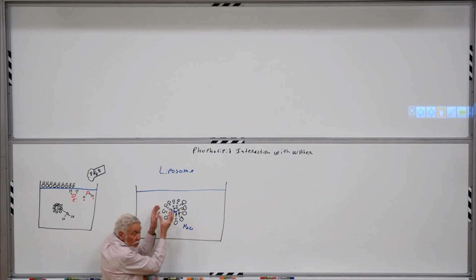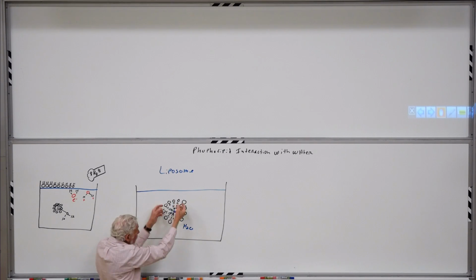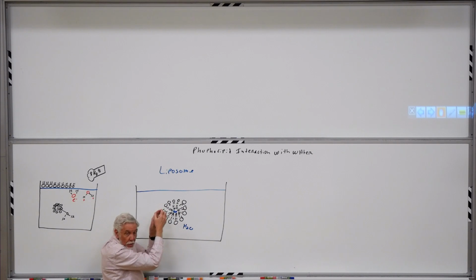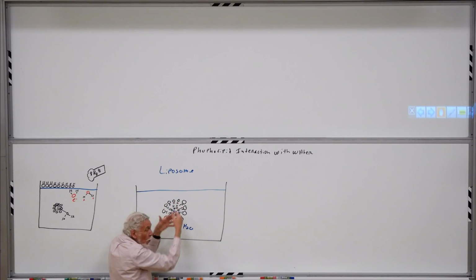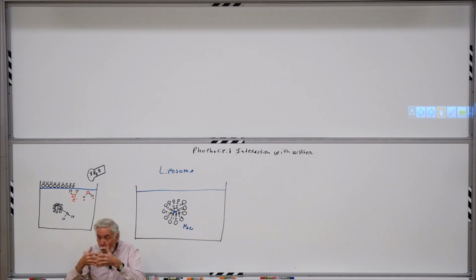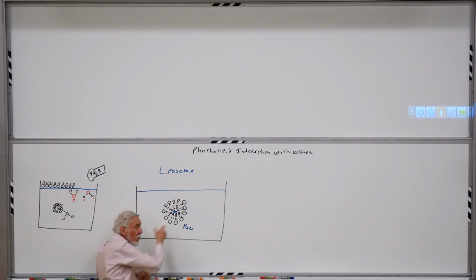We can put water in the center of this, and because the phosphate head groups are pointing to the water, that's a stable structure. And the tails are facing inward, so they're hidden from the water. And so they're in a stable environment too, because they're in an environment that's hydrophobic with all those hydrophobic tails pointing one to the other in the middle of the phospholipid bilayer.